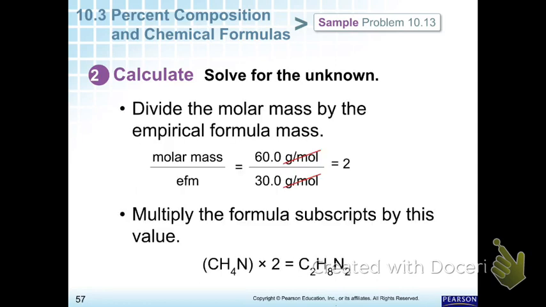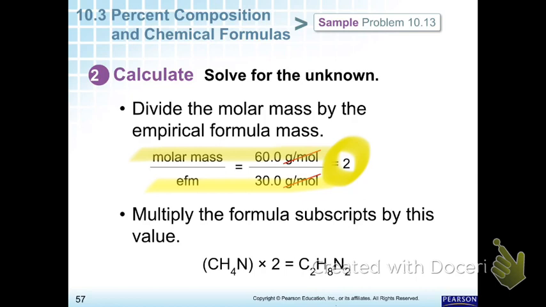You're going to divide that empirical formula mass that we just calculated into the molar mass that was given in the problem. When you do that, you're getting this number 2 right here.